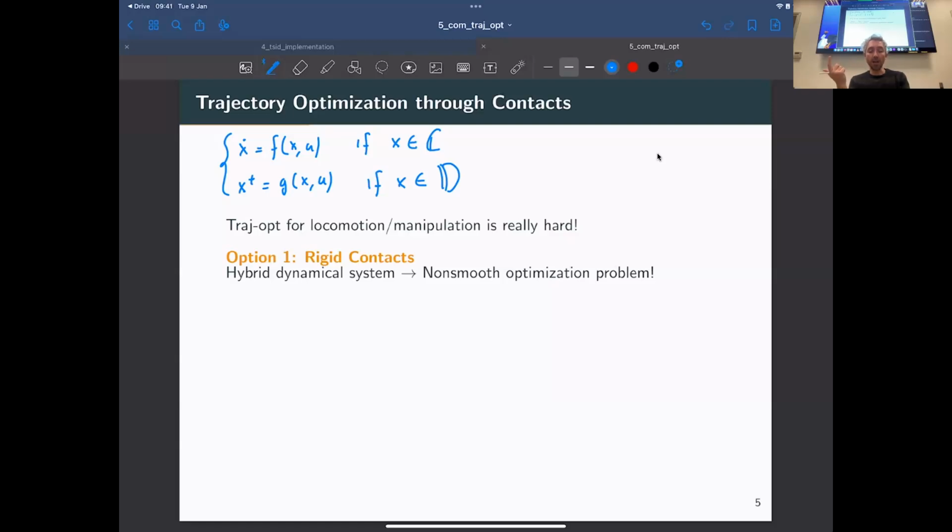So you cannot apply a classic numerical optimization technique, and you need to rely on non-smooth optimization approaches, which are much harder to work with. They are more computationally expensive, and very few people try to do that because it's a hard problem. So that's option number one, which is not really an option in practice.